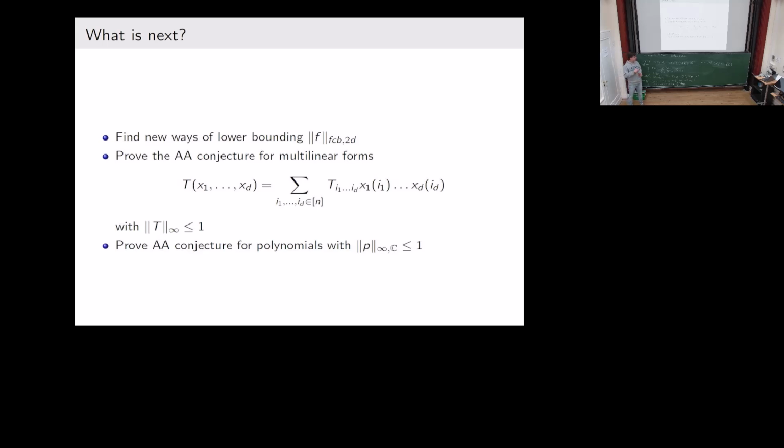So this conjecture might be easier because, of course, if you evaluate the polynomial on complex bounded numbers, you can in particular evaluate it on real bounded numbers. So this restriction is stronger than just having that the usual infinity norm is at most 1. And this is still relevant.